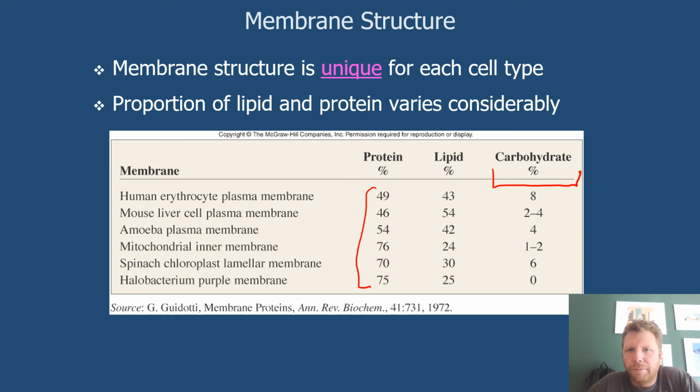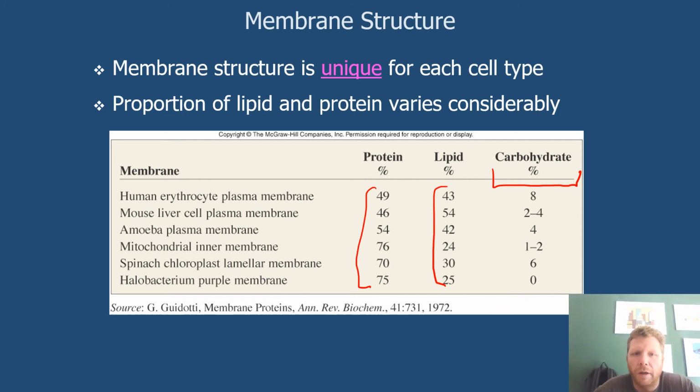Compare that to proteins and lipids. Now, one thing that's important to recognize is that proteins can be associated with membranes by being linked to a lipid. Proteins can also be embedded or traverse a membrane. So they all do different and unique roles, and they have a pretty dramatic range of what is a protein component and what's a lipid component.